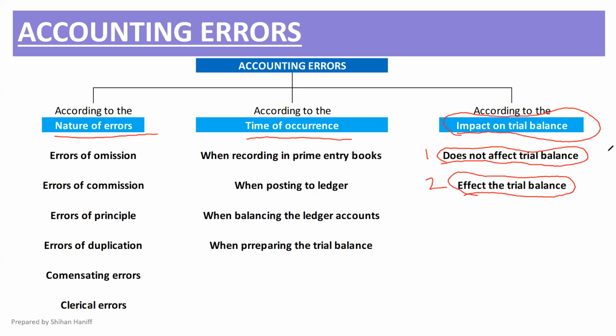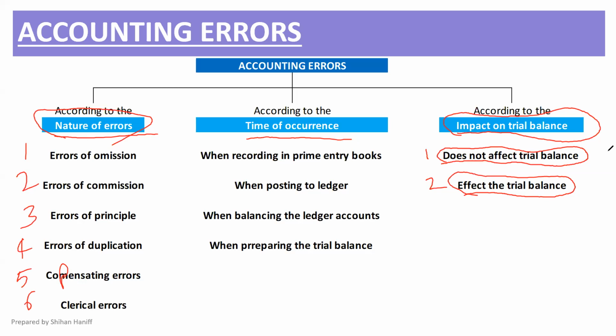And according to the nature, we divide errors into errors of omission, errors of commission, errors of principle, errors of duplication, compensating errors, and number 6, clerical errors.